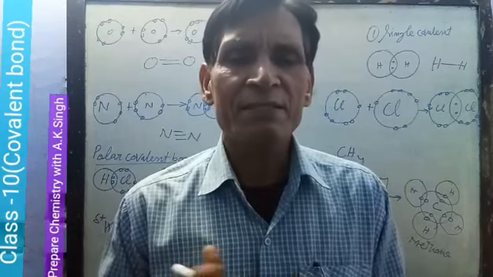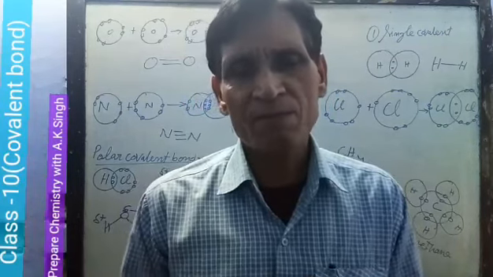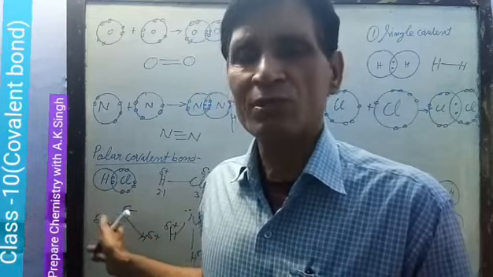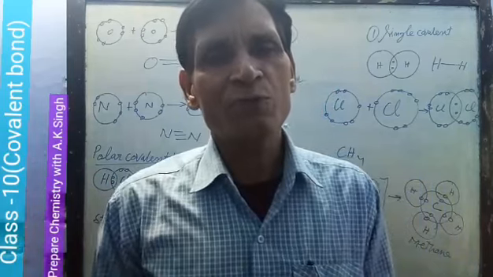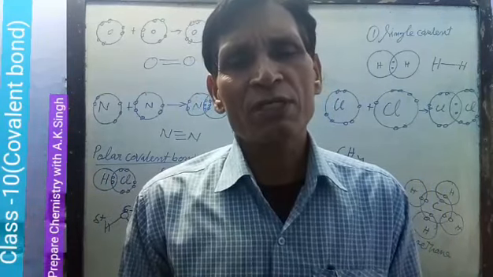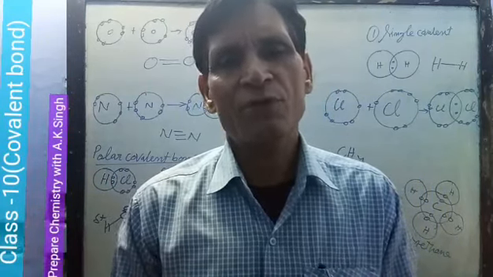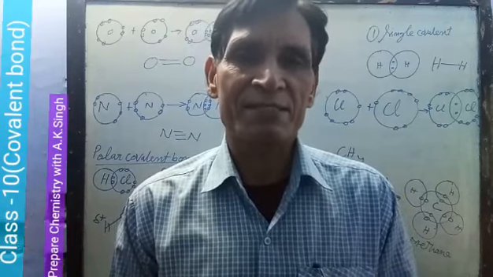do not form ions in their aqueous solution in water, but polar covalent molecules form ions, they ionize in water, but non-polar covalent molecules do not ionize in water, they do not form ions.